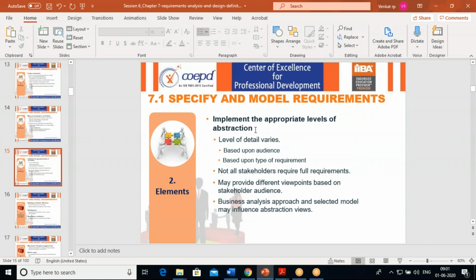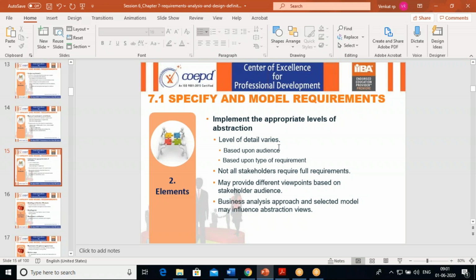Implementing the appropriate levels of abstraction means we have to understand what level of information stakeholders need. You have to know it beforehand, and based on that prepare your information levels. Let me say a lower-end stakeholder, a data entry operator, just enters the application forms.